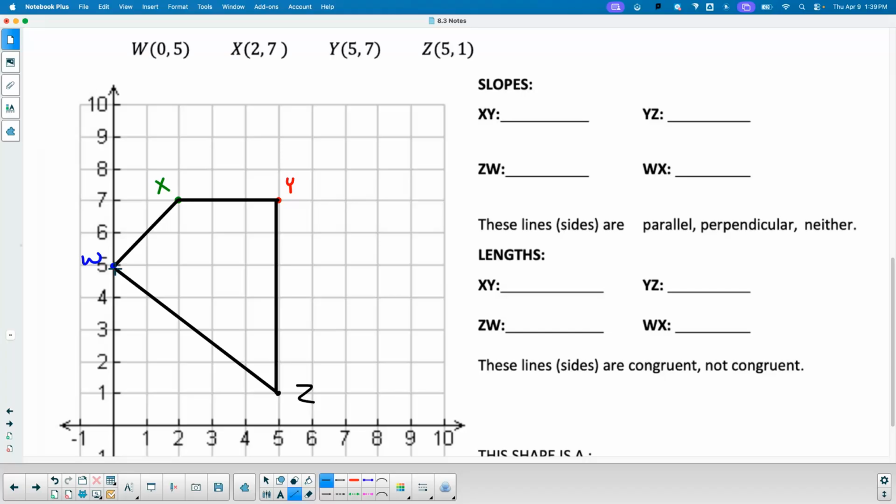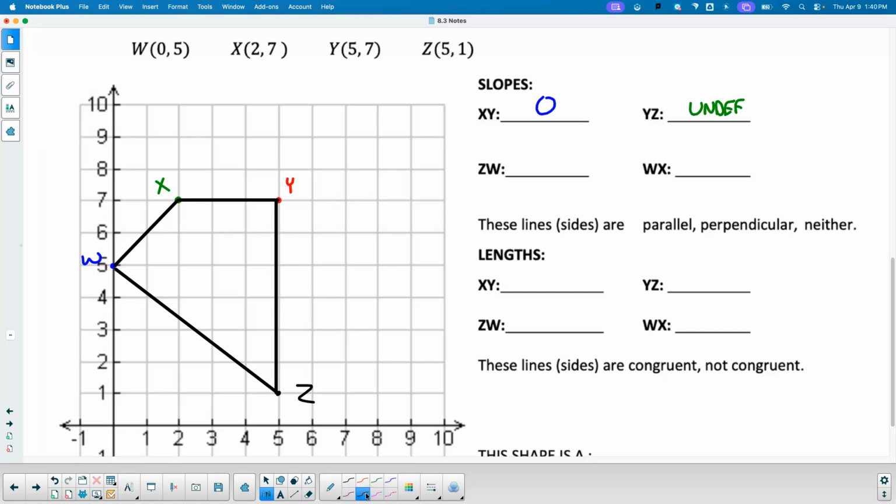Slope of XY. 0. Slope of YZ. Undefined. So right off the start, what can you tell me about those two? They're perpendicular. Yep, exactly.